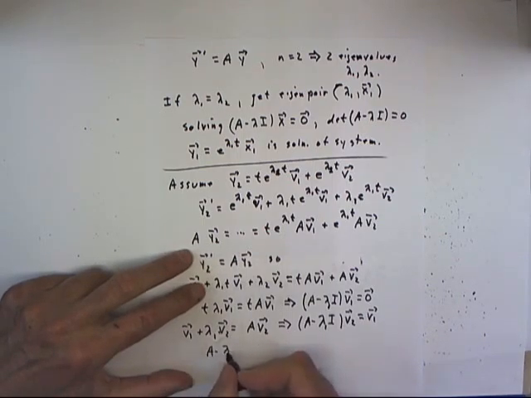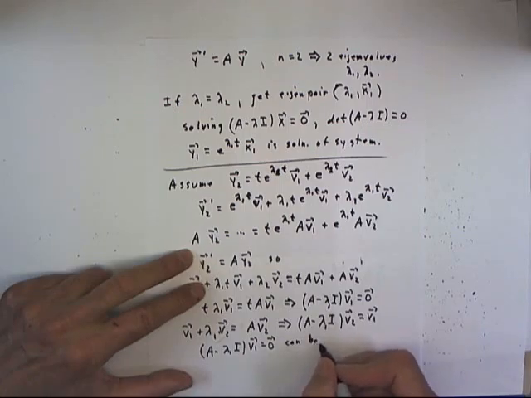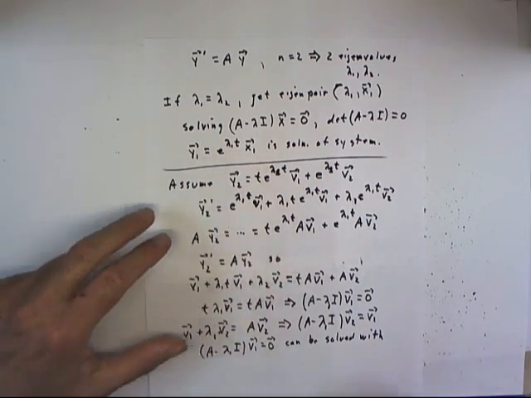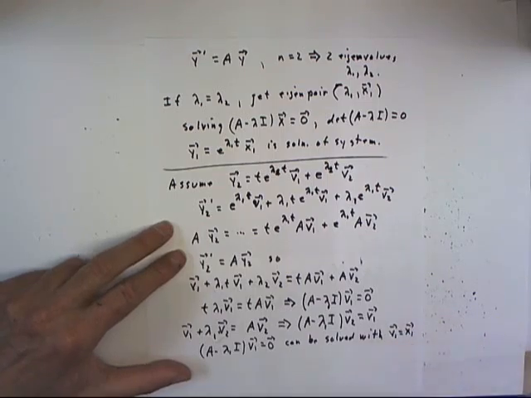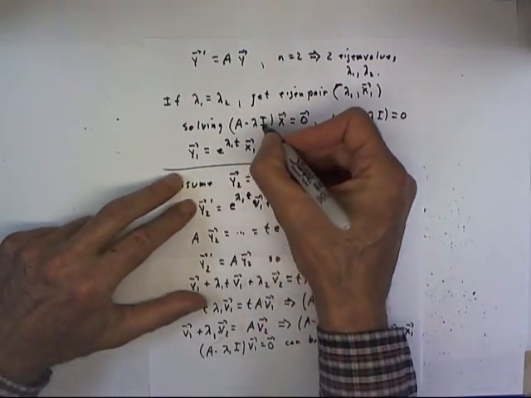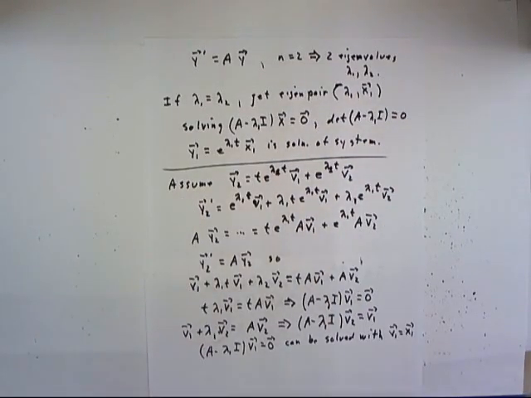A minus lambda 1 I times v1 equals 0 can be solved with the eigenvector x1 obtained from the same equation up here. And I suppose I should put subscripts on those lambdas as well.